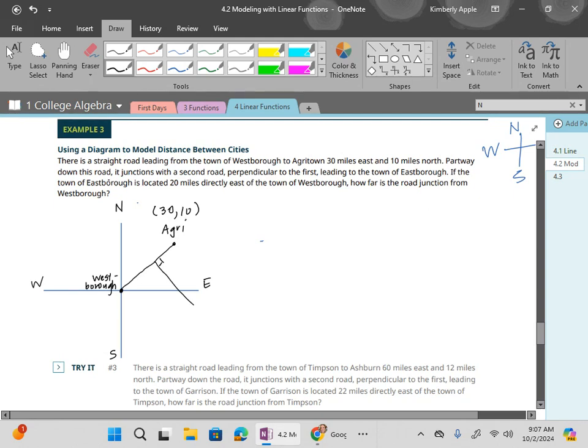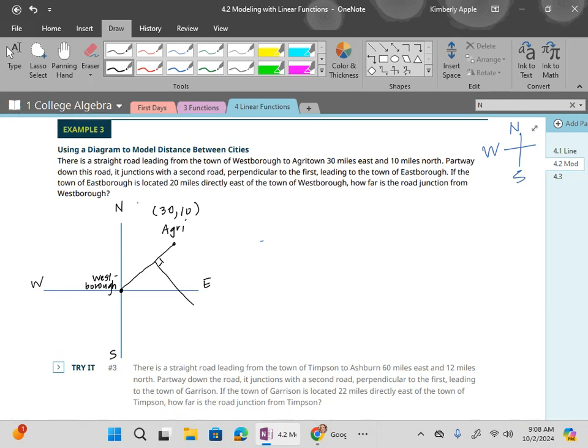Okay? Eastboro is located 20 miles directly east of the town of Westboro. 20 miles directly east. Hold on. What I'm doing right now is sense making about some stuff because something is not looking right to me for some reason. It's probably because my slope is jacked up.